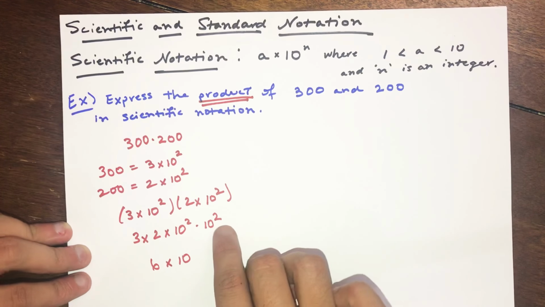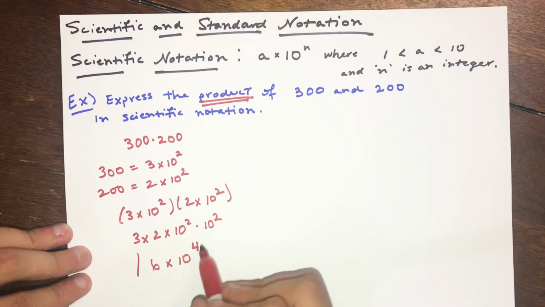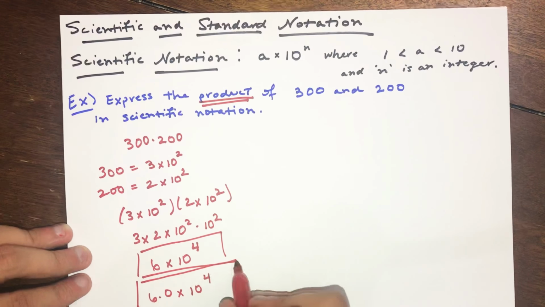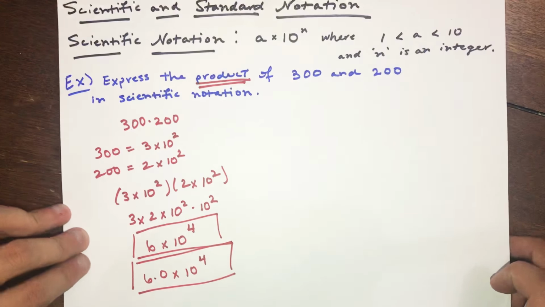You have the same base here, so all you have to do is add the exponents, and you're done. Now this is scientific notation, and you could also write it like this, 6.0 times 10 to the 4. Both of these are correct. So that's the little more detailed way.